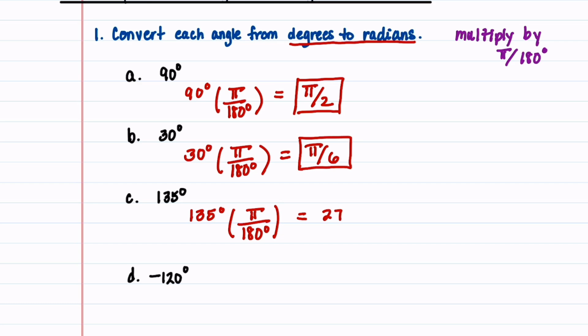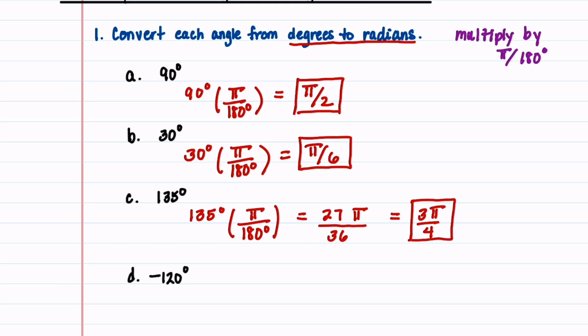So 27 times pi. And then 5 goes into 180 36 times. So that's 36. And then we can see that both of those numbers are multiples of 9. So we end up with an answer of 3 pi over 4.